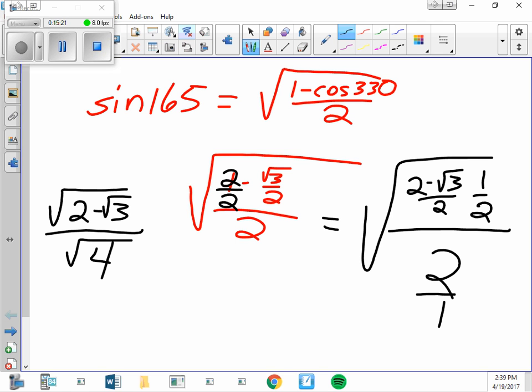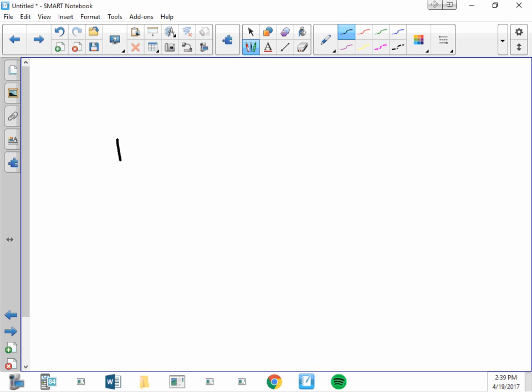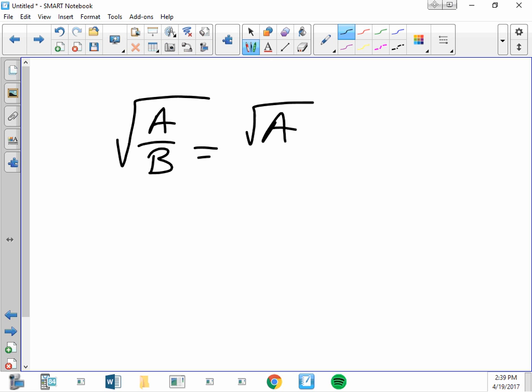Well, a little bit. Oh, you can square the bottom. Because the whole problem is square root it. So say that again, Malone. So the square root of a over b is equal to the square root of a and the square root of b.